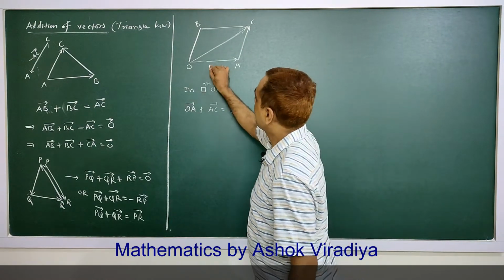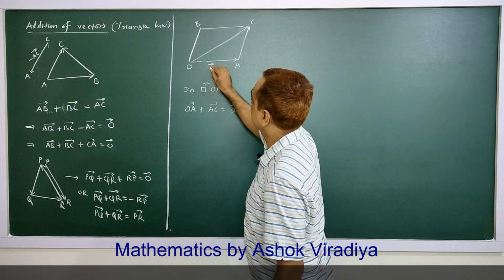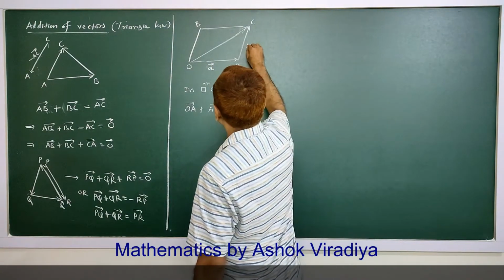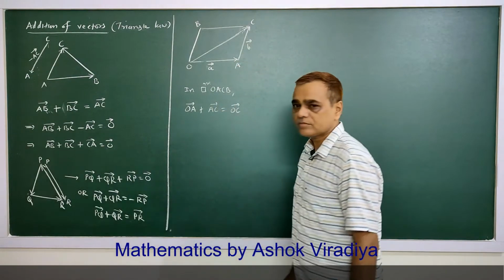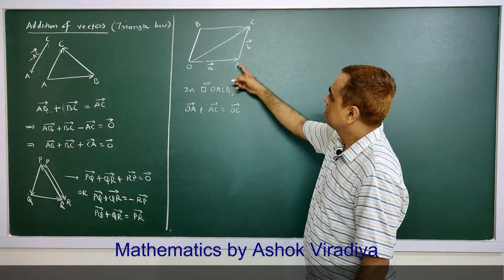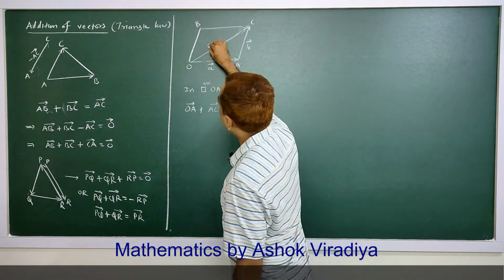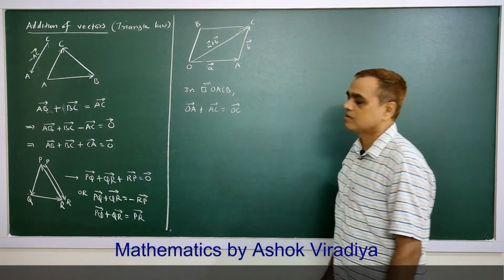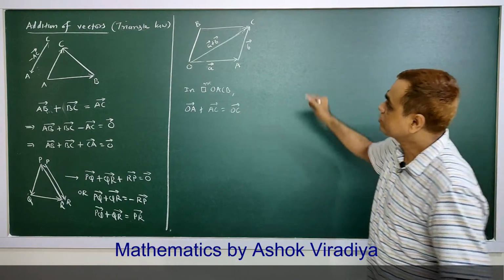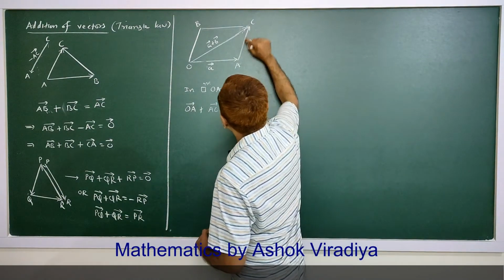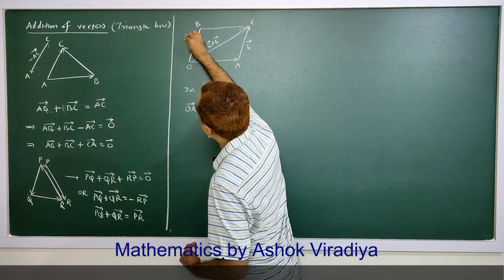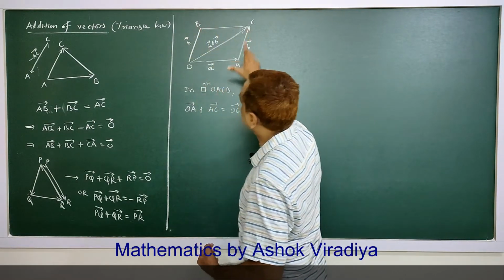Now see, if I keep here vector A, this vector is vector B. So this will be vector A plus vector B. Now this vector is vector B, so this will be also vector B, because directions are same, magnitudes are same.